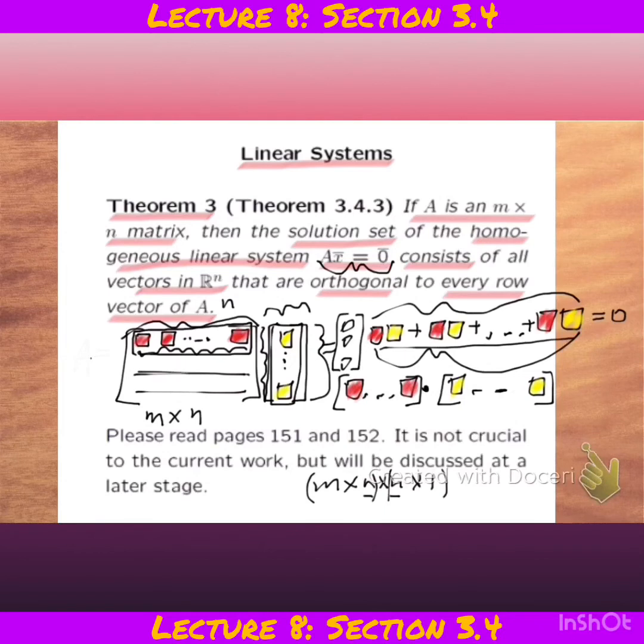We know that two vectors are orthogonal when their dot product is equal to 0. So it's easy to see why this theorem 3 holds.